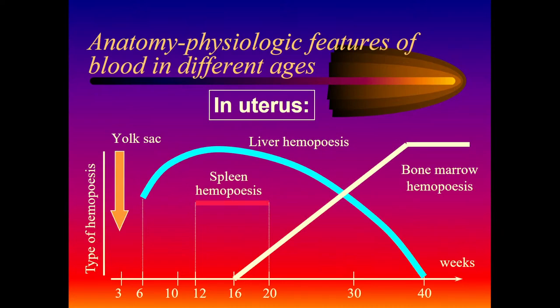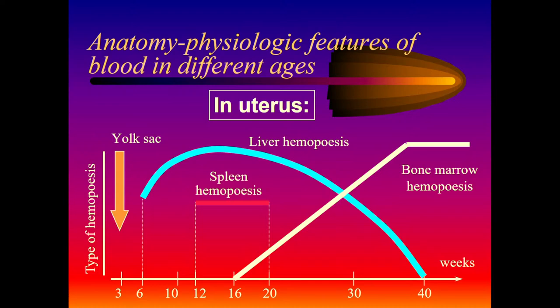You can see these differences in utero and at different ages, and when hematopoiesis is made during these stages of childhood.